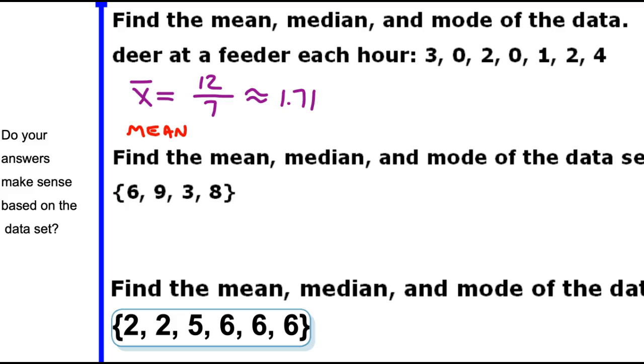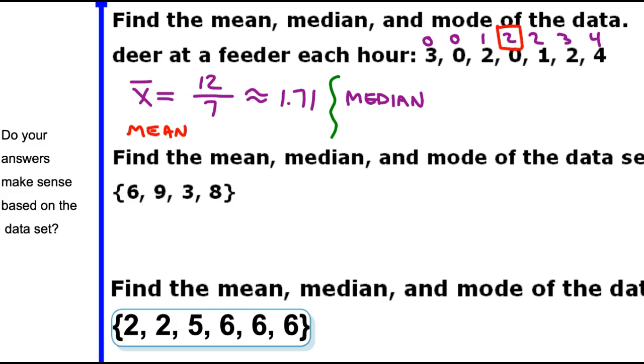The median is like the median of the street, the middle element in the street. So the median is going to be the middle one. That means we have to organize them from least to greatest. If I order these from least to greatest, I'm going to have 0, 0, 1, 2, 2, 3, 4. There is an odd number of elements there, so there's going to be actually one element in the middle.